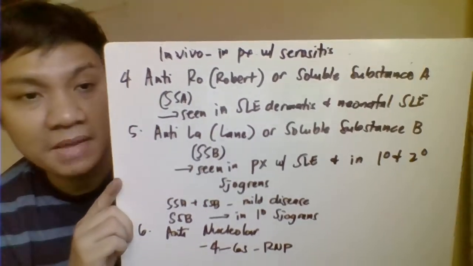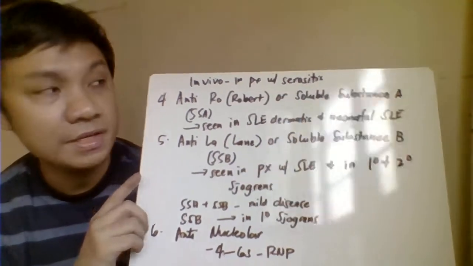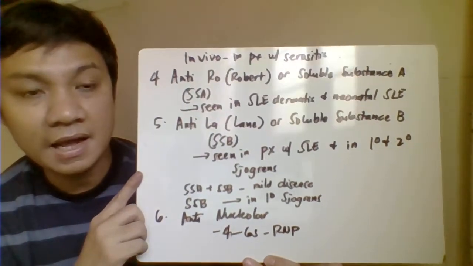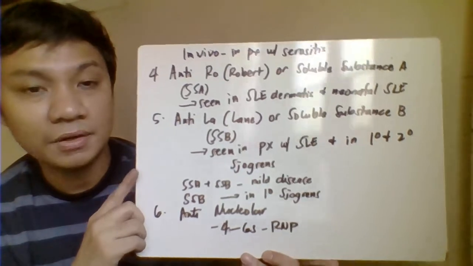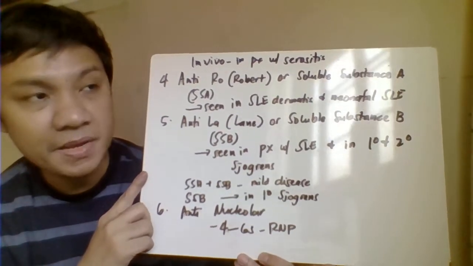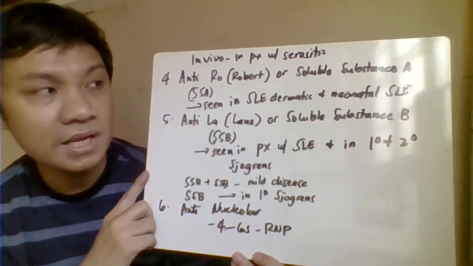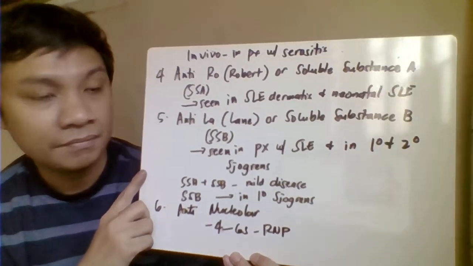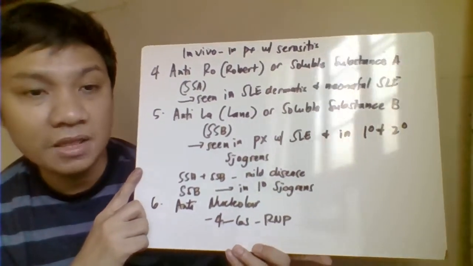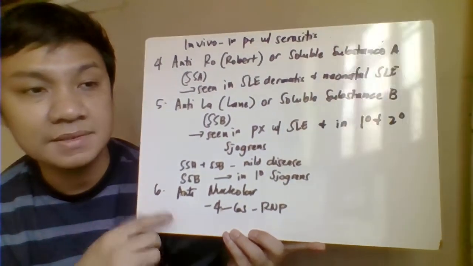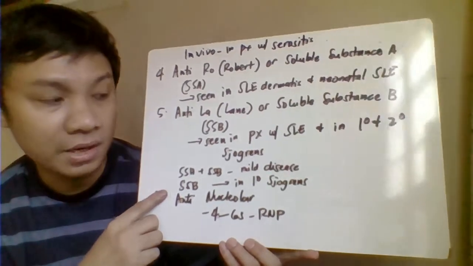In vivo naman, LE cell formation could be induced by your serocytes. The fourth one, we have your anti-Ro or the anti-Robert or the SSA. This is seen in patients with SLE dermatitis and in patients with neonatal SLE. Then we have your anti-La or the soluble substance B, SSB, that is seen in patients with SLE plus patients with Sjogren's.